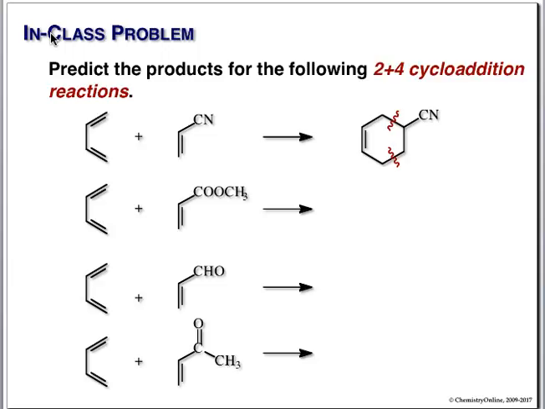Our next one, we have an ester. Again, butadiene. Going to make bonds here and here. And our product is simply going to be our cyclohexene with the ester as a substituent. Across the ring, these are the carbons of our dienophile.